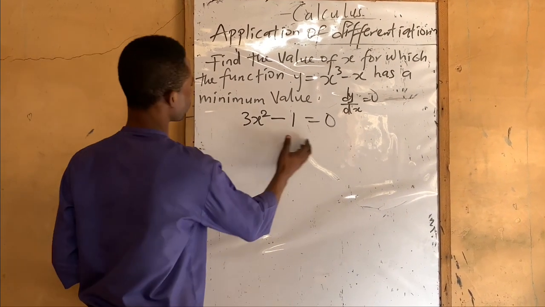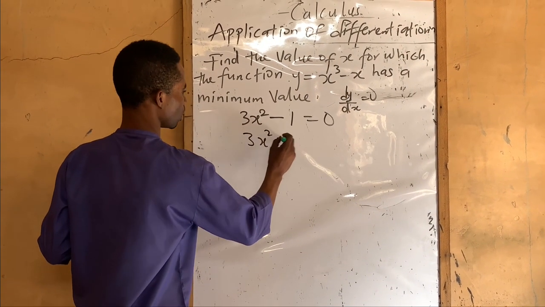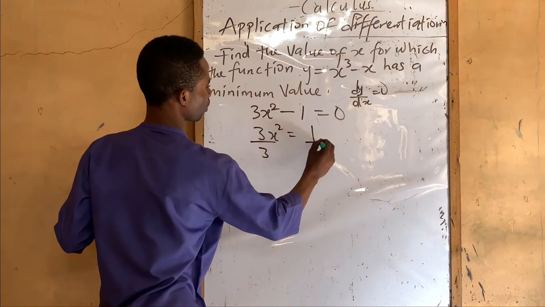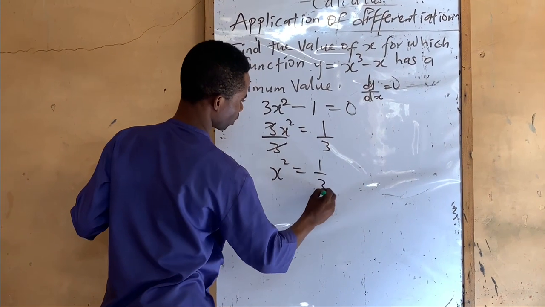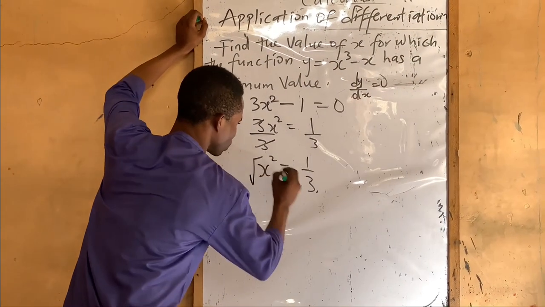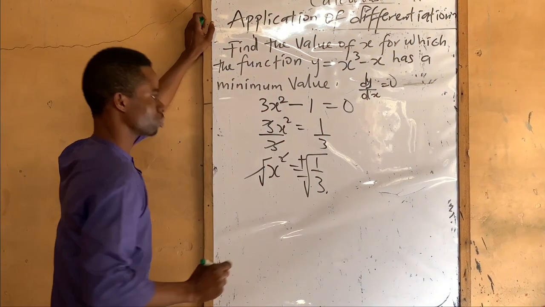Now, can we now factorize this? You can do 3s squared equals, when we bring minus 1 here, 1, all over 3, all over 3. s squared equals 1 all over 3. If I square root both sides, it will be like this. Don't forget that this one will be plus or minus.